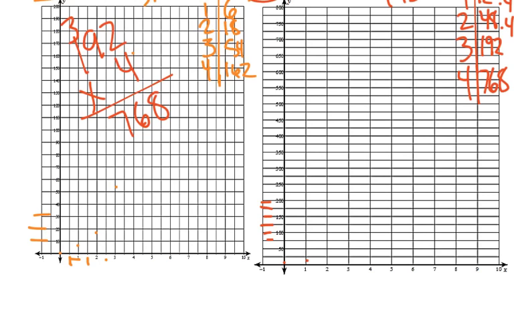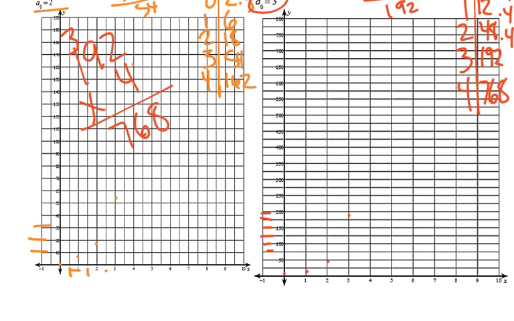And then 2, 48 would be slightly below. Then 3 already jumps up to 192, so pretty close to 200. And then 4 clear up to 768, so pretty close to that. Oops, and I needed to scoot over, didn't I?